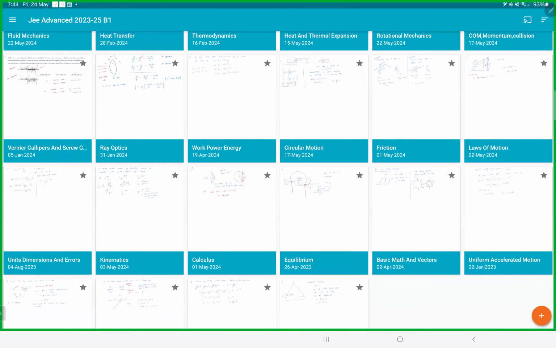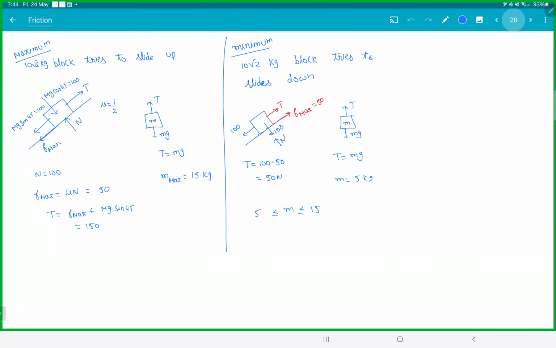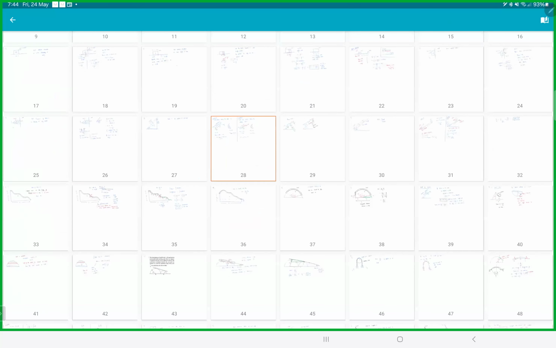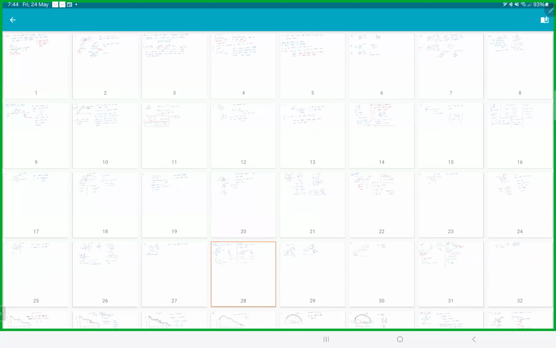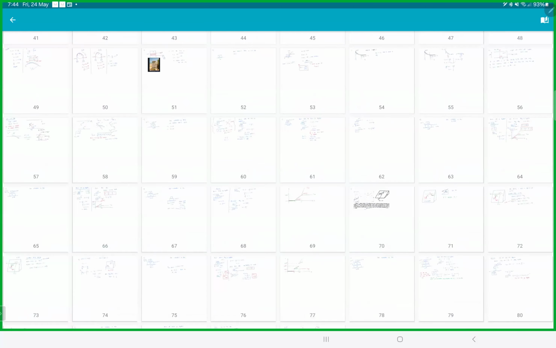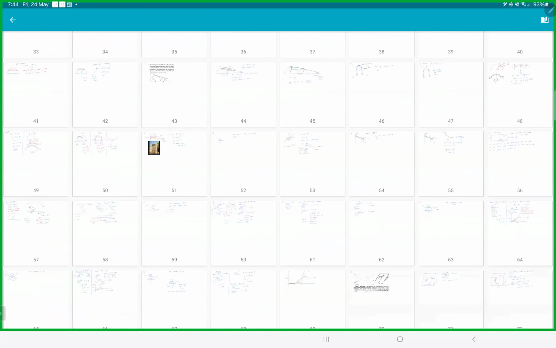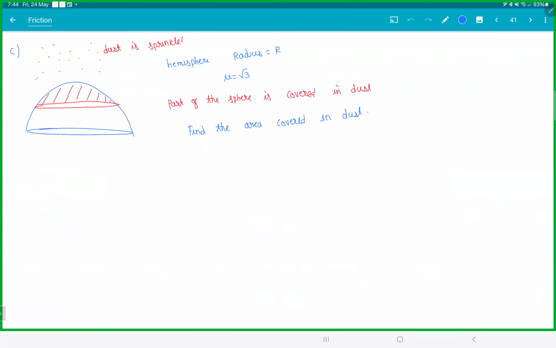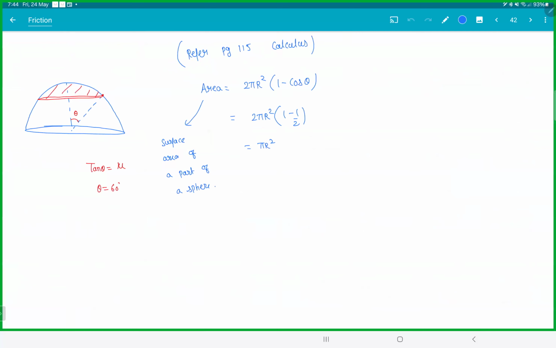We saw this in calculus. The first time you encountered this was in friction: dust is sprinkled on a sphere, find the area covered in dust.